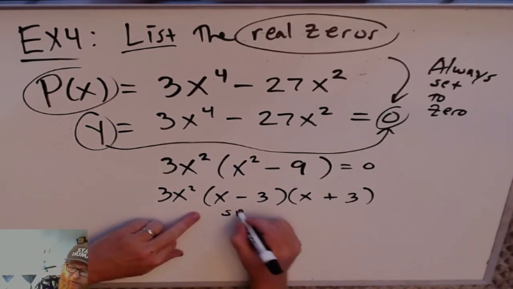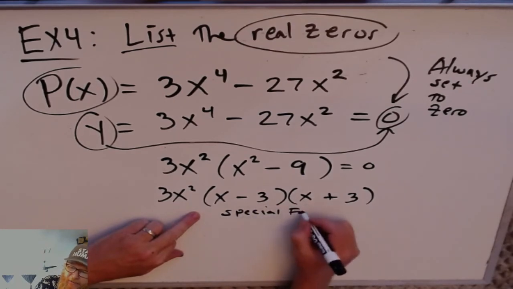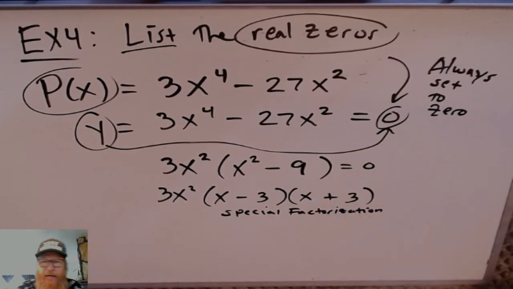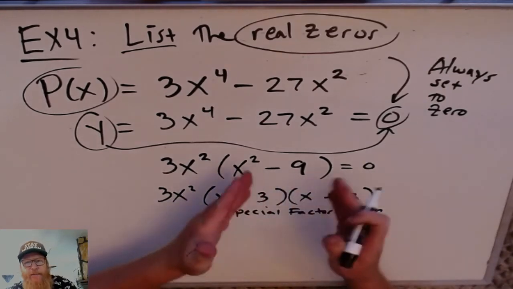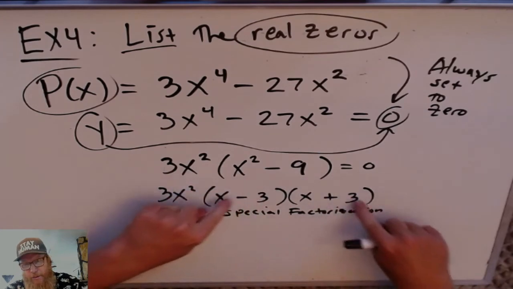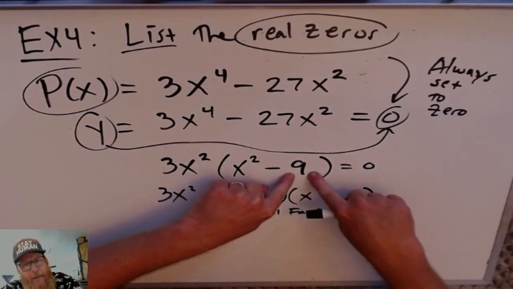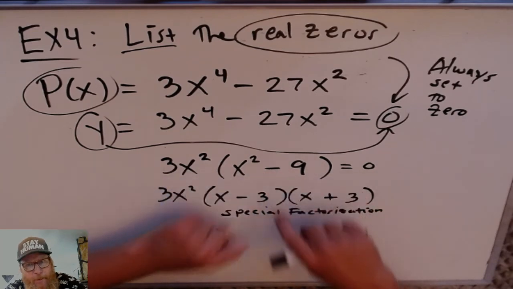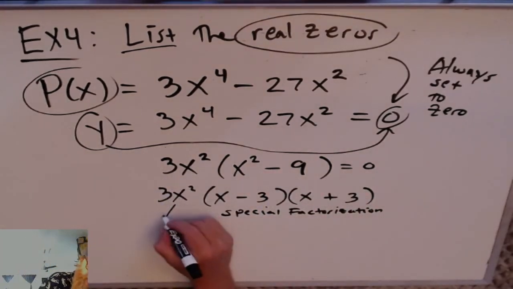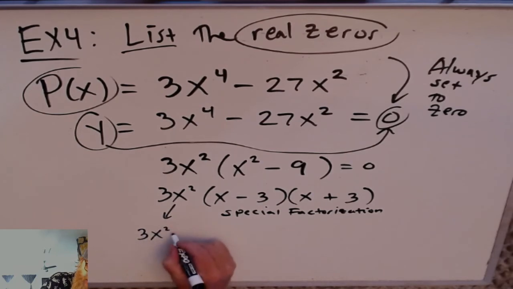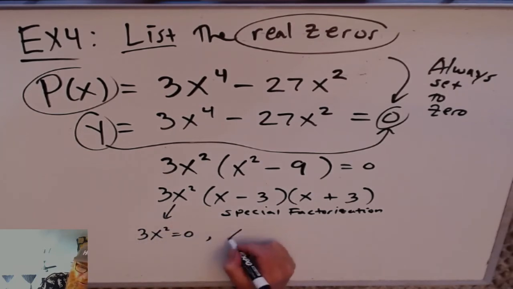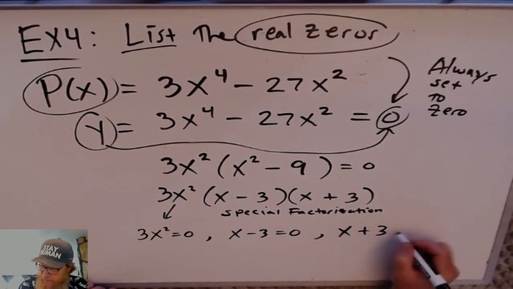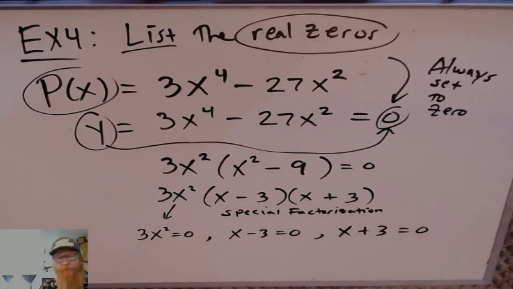Remember that special factorization from beginning algebra where you learned how to separate the difference of two squares. This only works if the constant is a perfect square and it must be a subtraction difference. Okay. And so now you're going to get 3x squared equals 0, or x minus 3 equals 0, or x plus 3 equals 0.